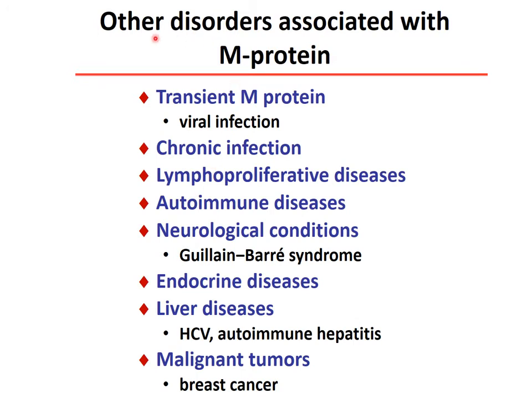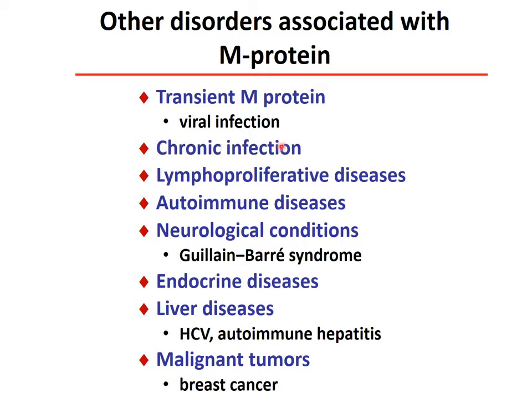Now, not only plasma cell disorders can cause a narrow M peak or M protein accumulation, but transiently, for example, viral infection can cause this. Transient means it doesn't last longer than 1 or 2 weeks, and afterwards the M band is going to go back to the normal area.